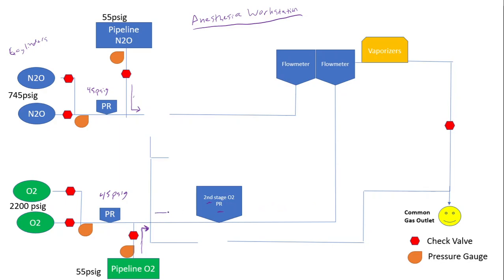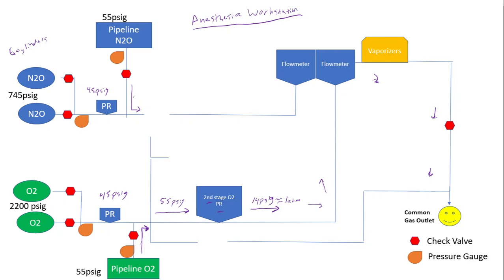So this second stage oxygen pressure regulator is going to decrease that pipeline oxygen pressure from 55 psig all the way down to about 14 psig, which is about 1 atmosphere. So this is way more friendly to deliver to the lungs as it makes its way to our patient.